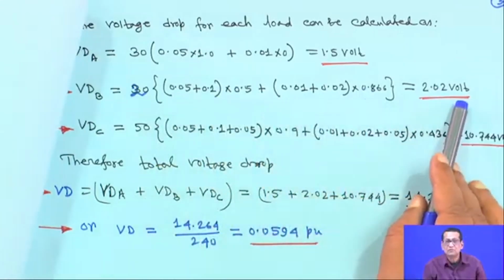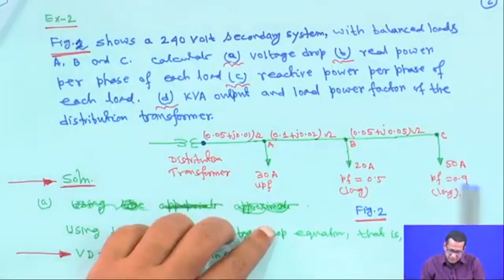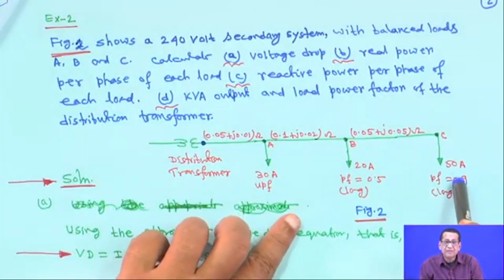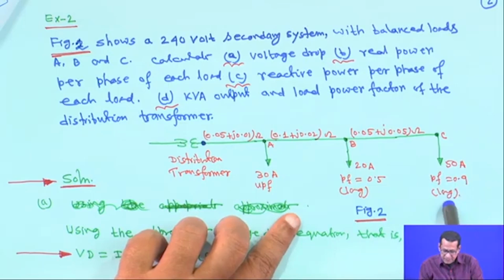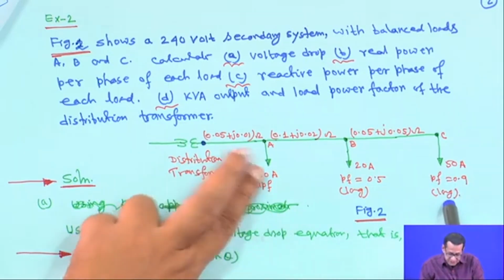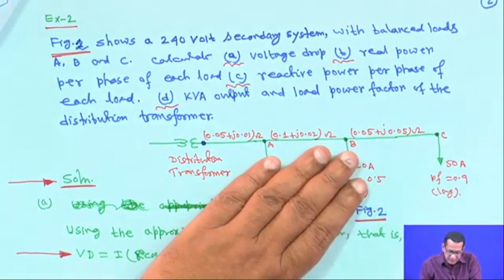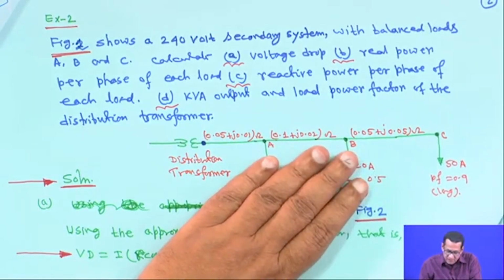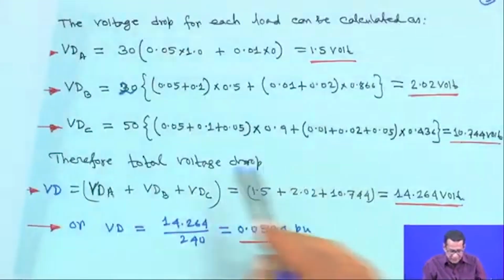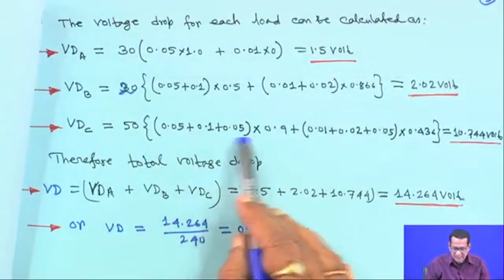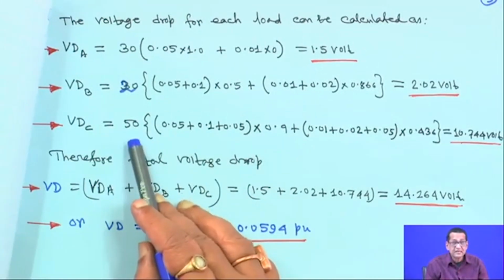So that is 2.02 volt. Similarly, due to this one, 50 ampere with power factor 0.9 lagging: in this case you add R1, R2 and R3, 0.05 plus 0.1 plus 0.05, into cos theta, which is 0.9, with I equal to 50.